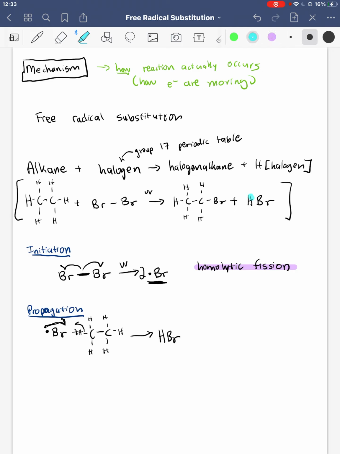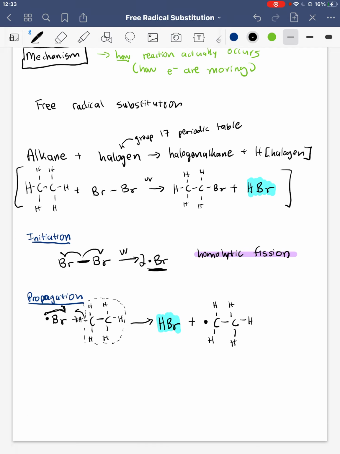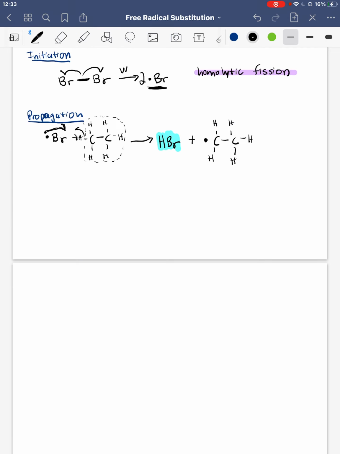Remember, HBr was one of our products. So we actually start forming products right here in propagation. What's left? Well, what's left is everything else in this ethane. And since we did homolytic fission, we actually have a free radical. So we have an ethyl radical, missing one hydrogen, it left via homolytic fission, and I have a radical, or free radical.